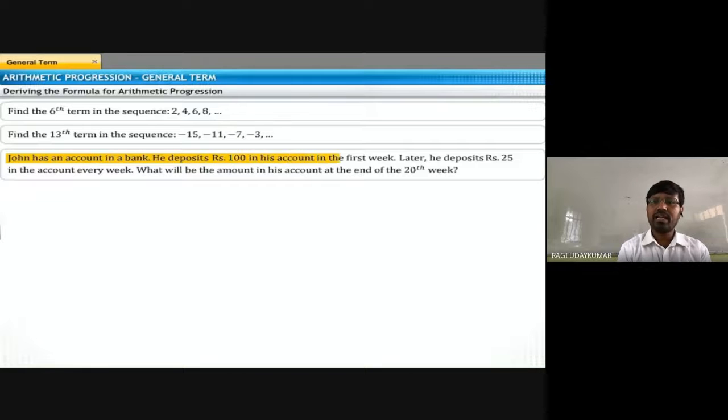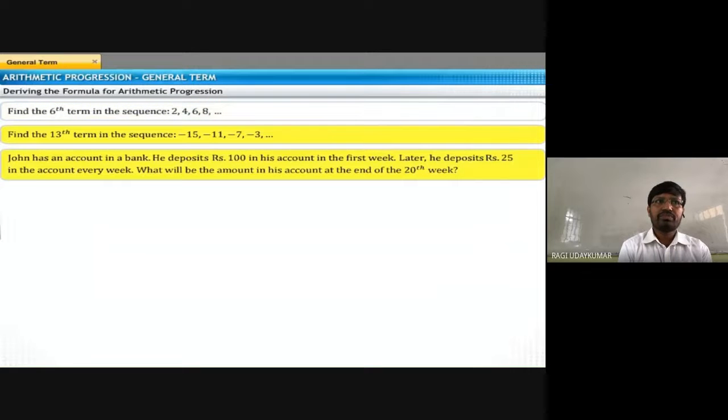He deposited 100 rupees in his account in the first week. Later he deposited 25 rupees every week in the account. What will be the amount in his account at the end of the 20th week? These types of situations need an arithmetic progression.